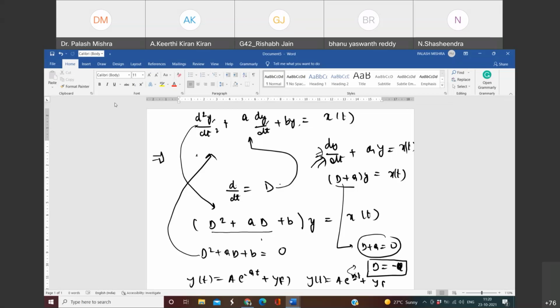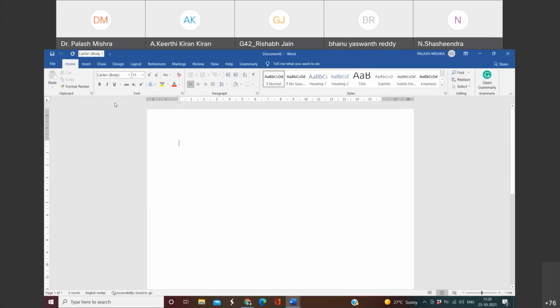So I'll just write down that thing. If you have to find out the natural response of any system, you have to write its characteristic equation. Then you have to find the roots of the characteristic equation. And whatever the roots come out to be will be the power of the exponential term in the response.